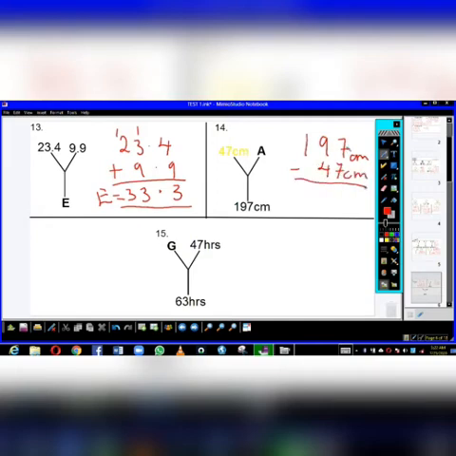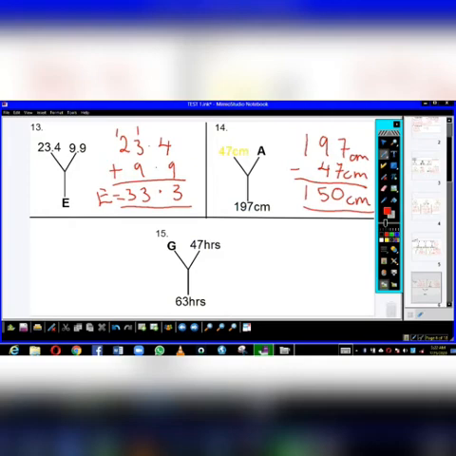So 7 minus 7 is 0. 9 minus 4 will give me 5, and 1 minus nothing will give you 1. So our answer is 150 centimeters. So the value of A is 150 centimeters.